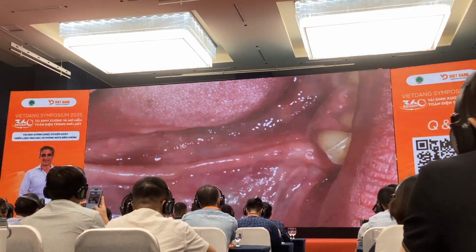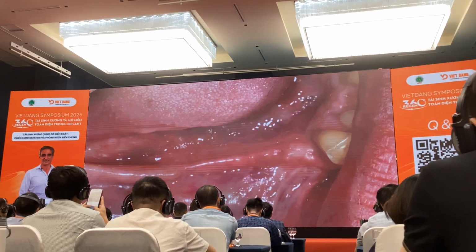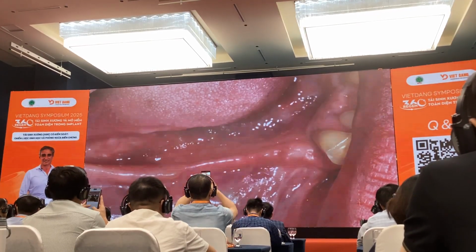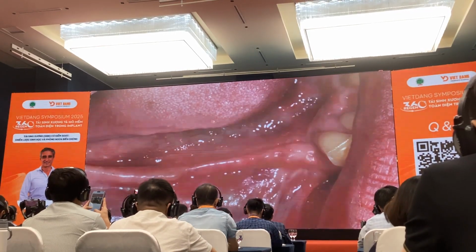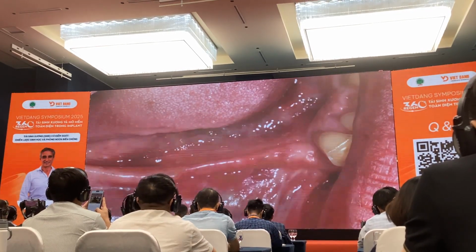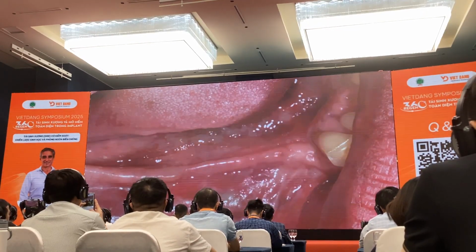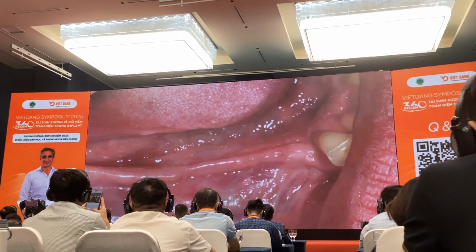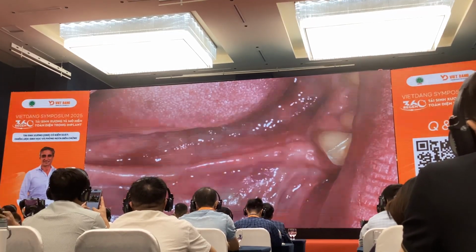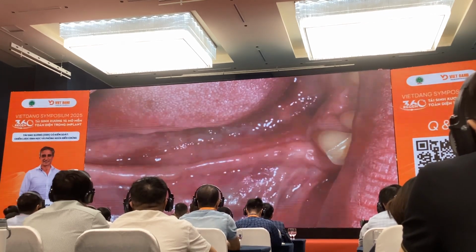The healing, no complication. If you passivate the flaps correctly and perform a correct timing of the suturing, you can limit tension and get this kind of healing.